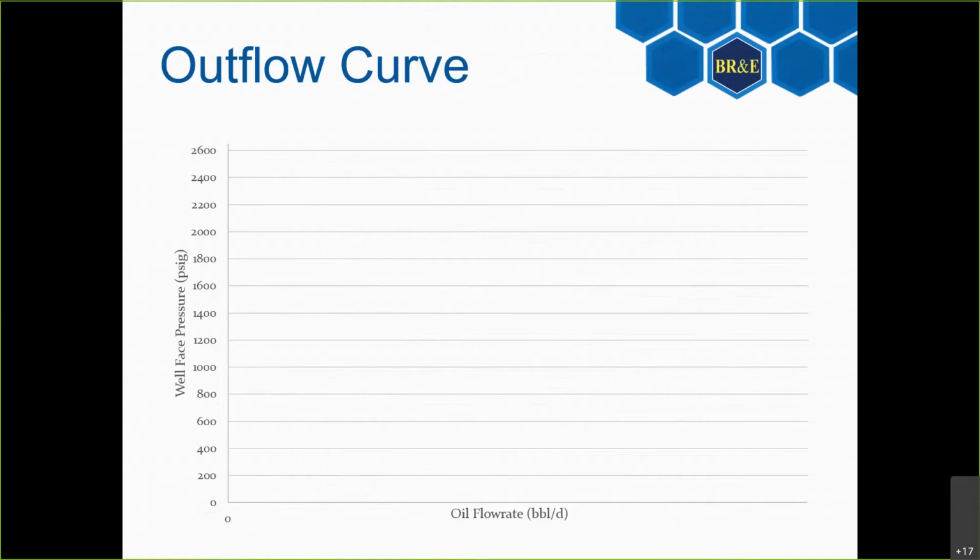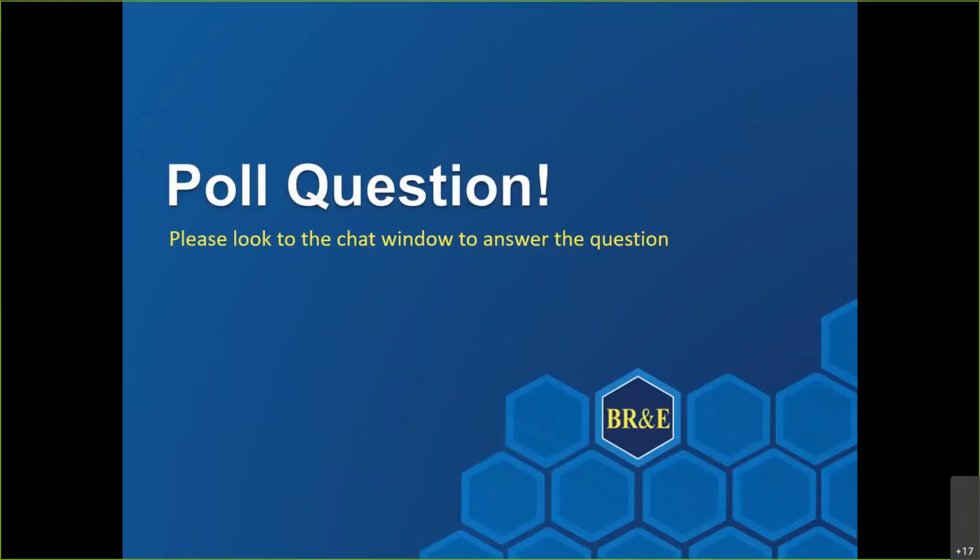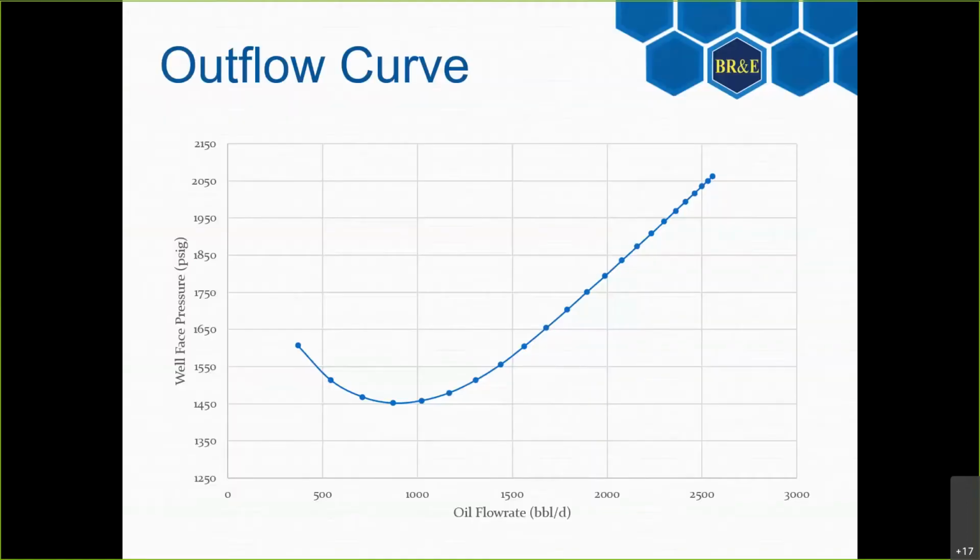We haven't talked much about it yet, so if you're thinking about trying to predict how this looks, we'll see in a minute. But the idea here is that as the flow rate increases to the right, our pressure should increase as well, because more flow would give us more pressure drop. I was going to ask you a poll on this, but I figured this might be a little too difficult to predict, so let's just go ahead and look at the curve itself.